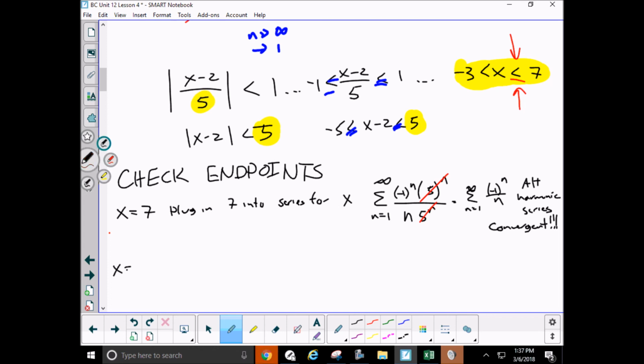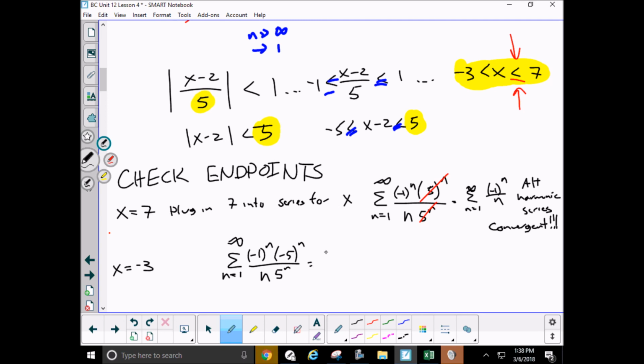I need to check when x equals negative 3. I get the sum, n starts from 1, goes to infinity, of negative 1 to the n times negative 5 to the n over n times 5 to the n. Now, I can't just cancel these negative 5 to the n's with this 5 to the n.